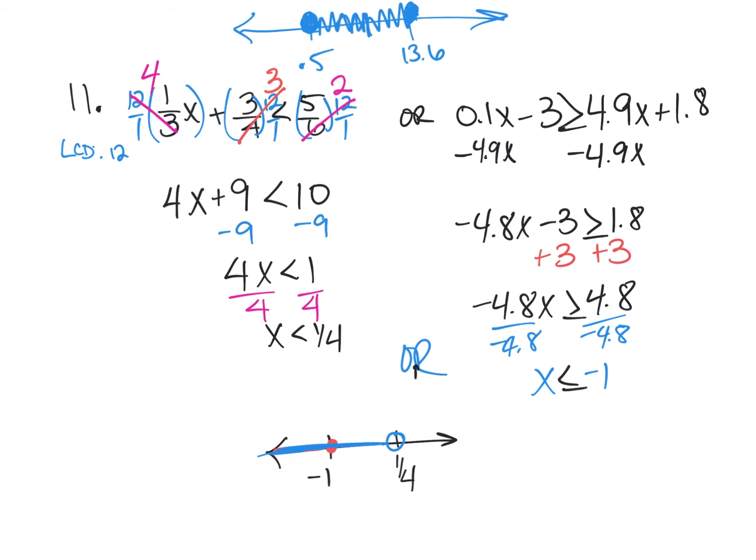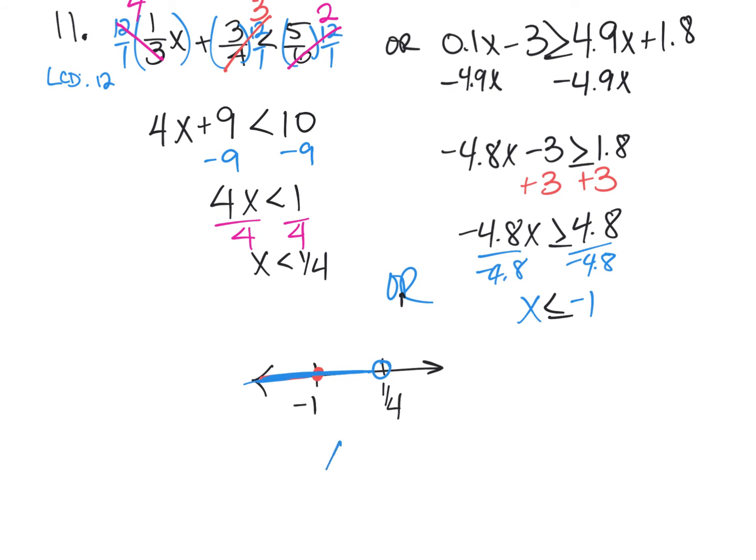So our final answer is just that x is less than 1/4. And we want to recognize those cases, and it's important. That's one of the main reasons we draw it, so we can see if there's anything funky going on.